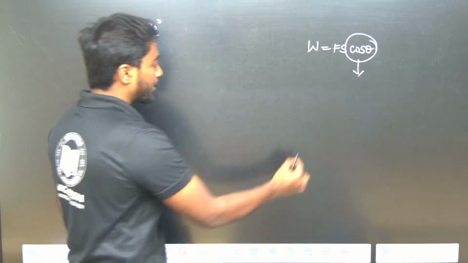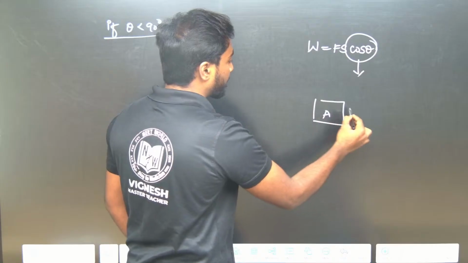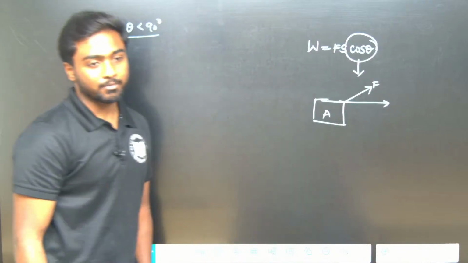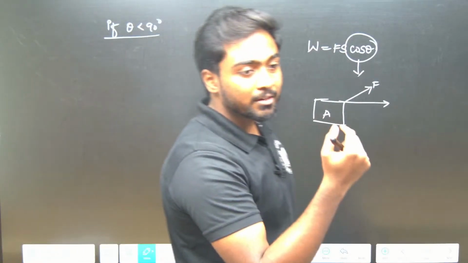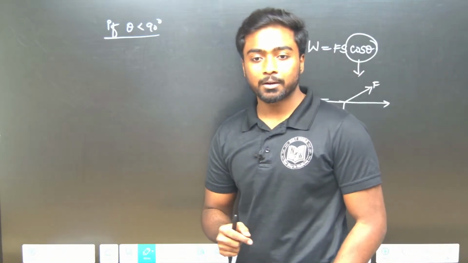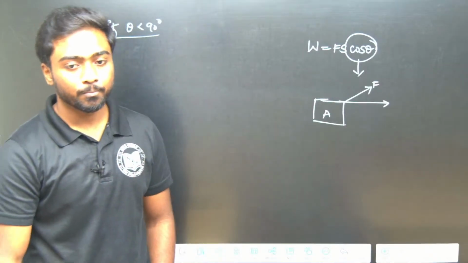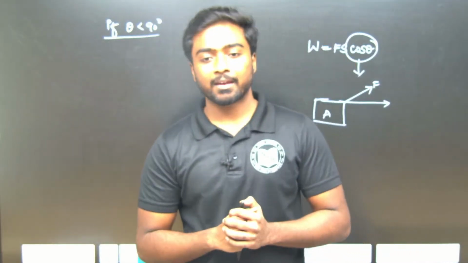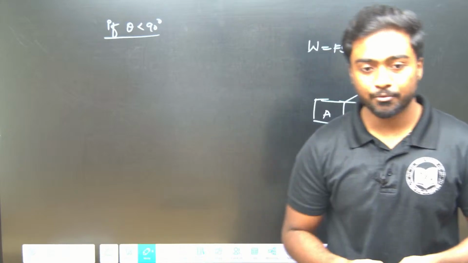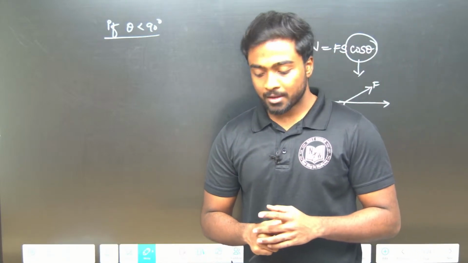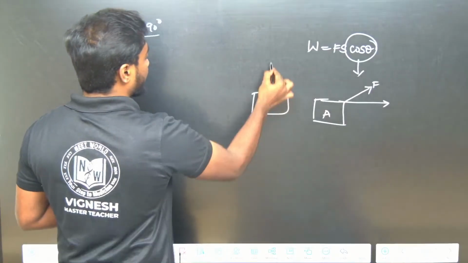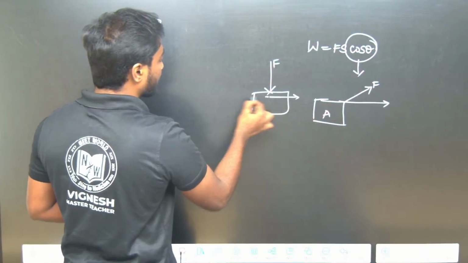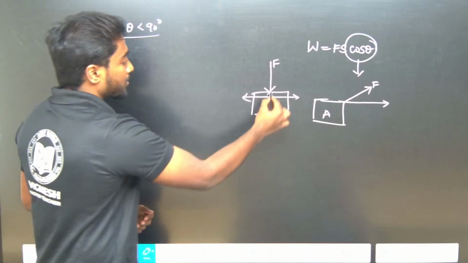Suppose I take an object A and apply a force in this direction, and the object moves in the same direction. To check whether the work done is positive, negative or zero, I should look at the angle.